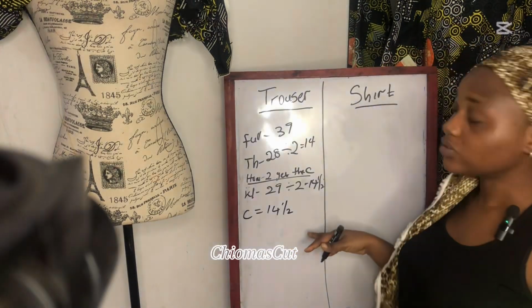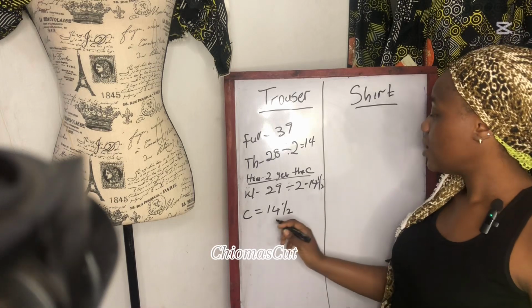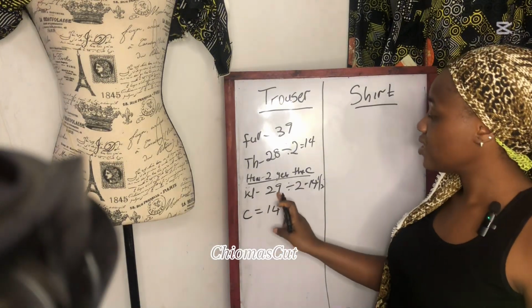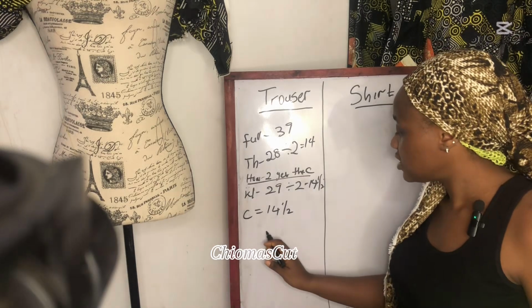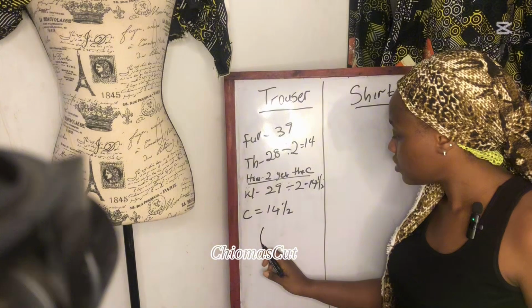This alone is enough. Then after you must have gotten this, you now go ahead to take your waist measurement. Let's assume that this is how your trouser is. Let me see if I can draw something.